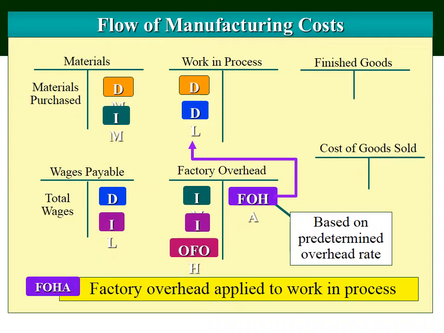Next, we're going to apply our factory overhead based on a predetermined overhead rate, and it's called an allocation actually. So factory overhead is allocated through this predetermined overhead rate. We haven't talked about it extensively other than the definition, so stay tuned in this chapter 2 while we get to that stage and we can help you a little bit with understanding.